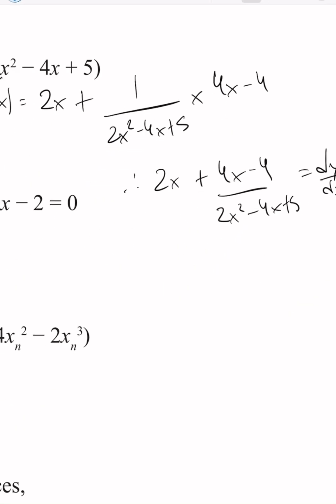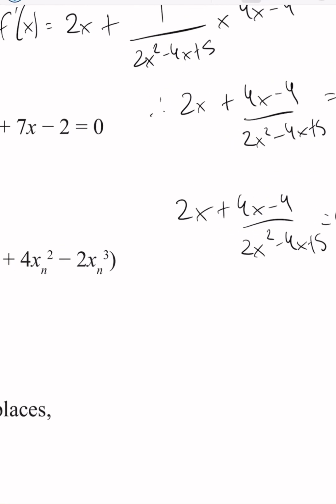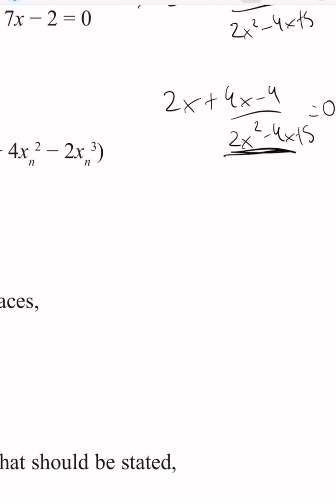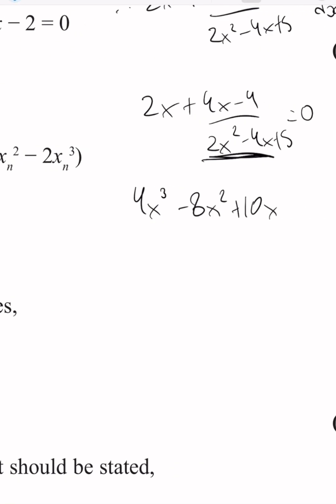Now setting it equal to 0 will give us this, and solving for x, you can just multiply both sides by 2x squared minus 4x plus 5, which would give us 4x cubed minus 8x squared plus 10x plus 4x minus 4 equals 0.